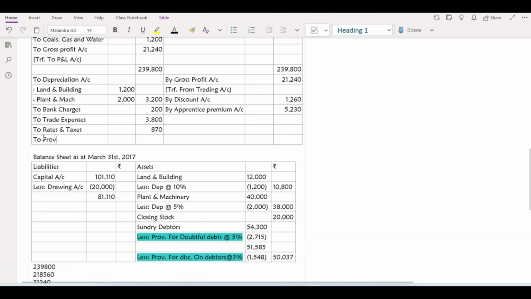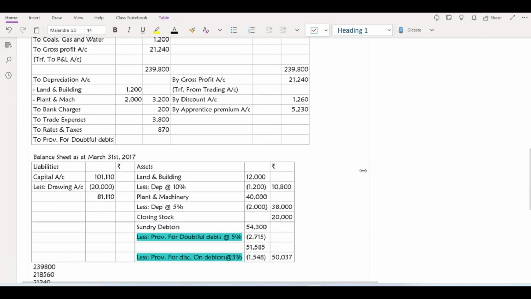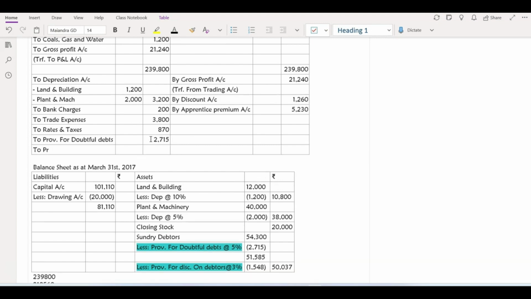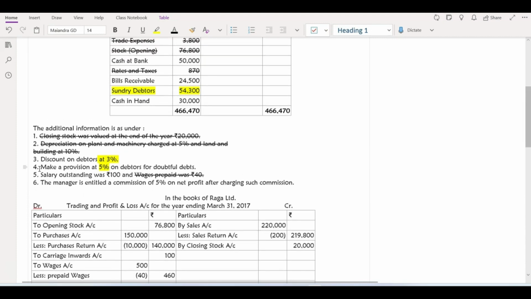To provision for doubtful debts 2,715, to provision for discount on debtors 1,548. All right, let's come back here. So now these two transactions are done.